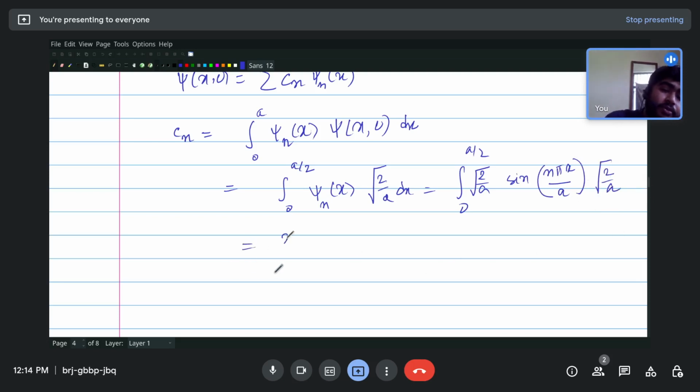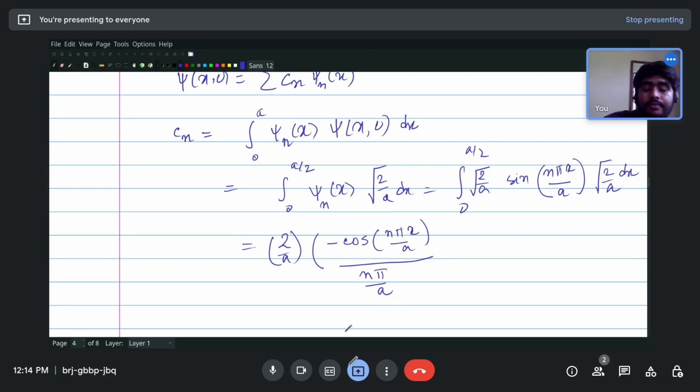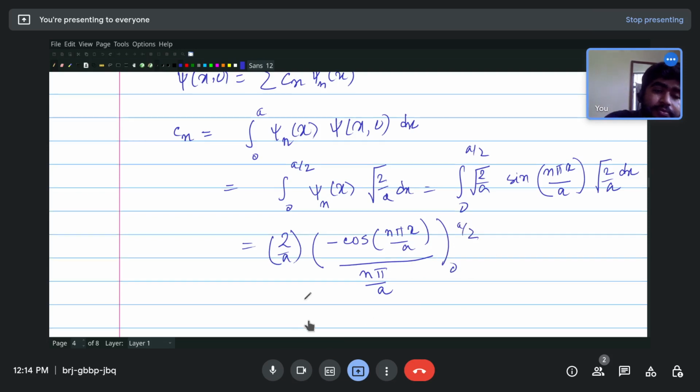So this will give you 2 by a, right? And then you have to do the integration of sine from 0 to a by 2. So then the integration will give you minus cos of n pi x by a divided by n pi by a. Okay, and the limits are from 0 to a by 2.